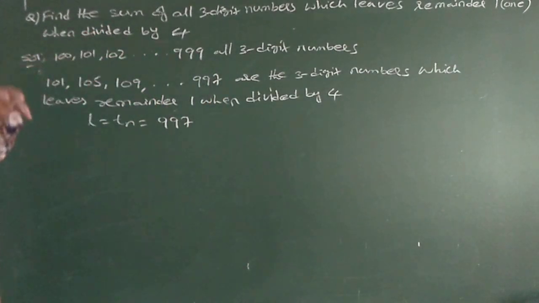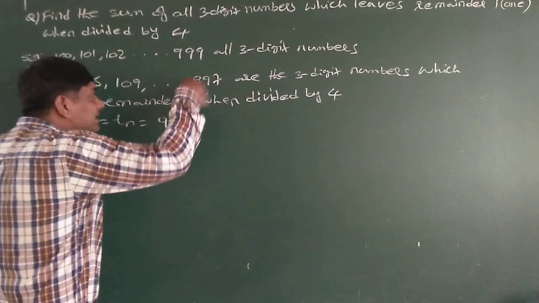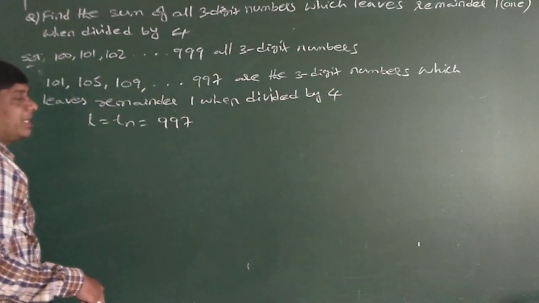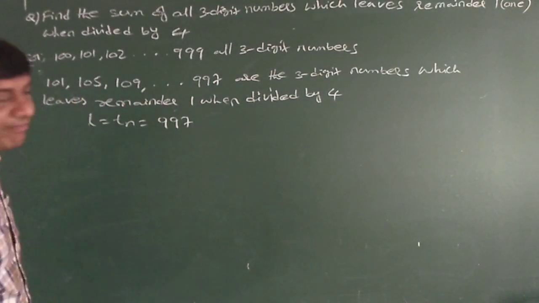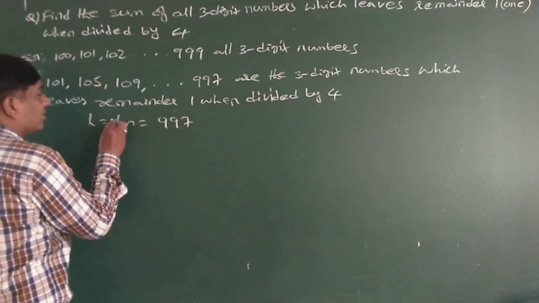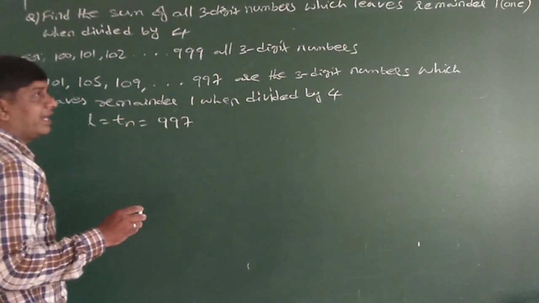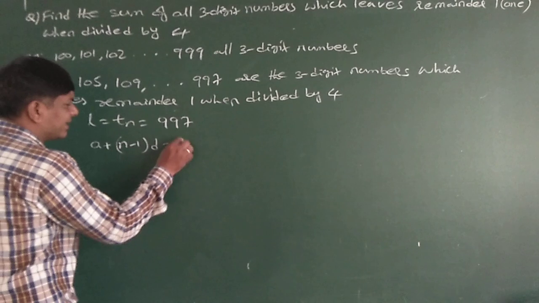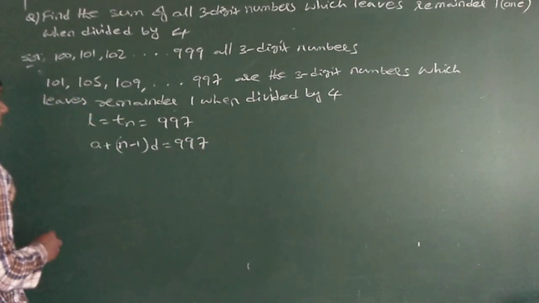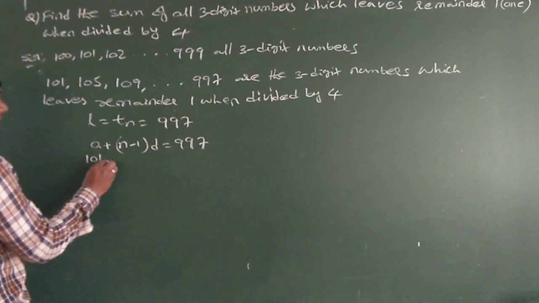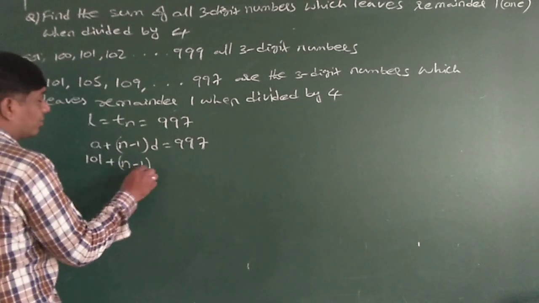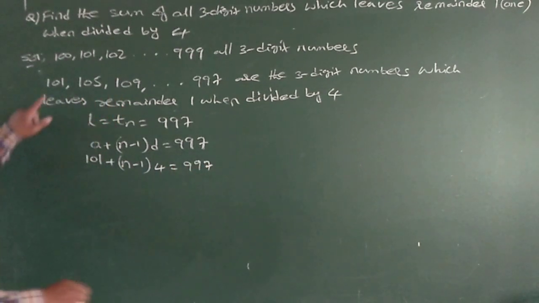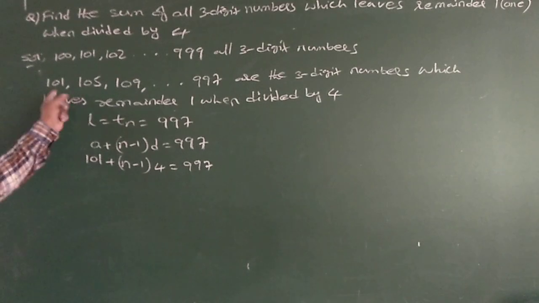So I am finding the place of 997. That means L is equal to Tn is equal to 997. A plus n minus 1 into D is equal to 997. A is 101, D value is 4.